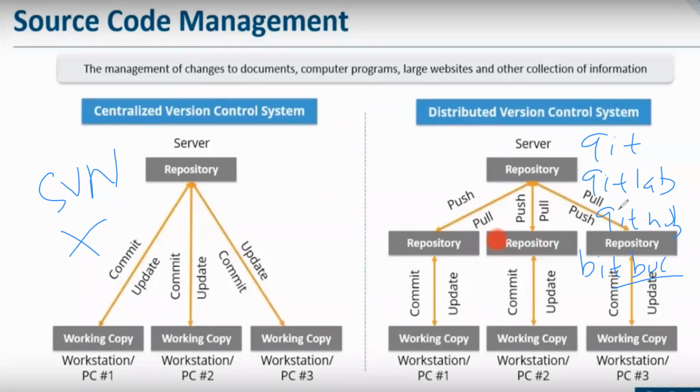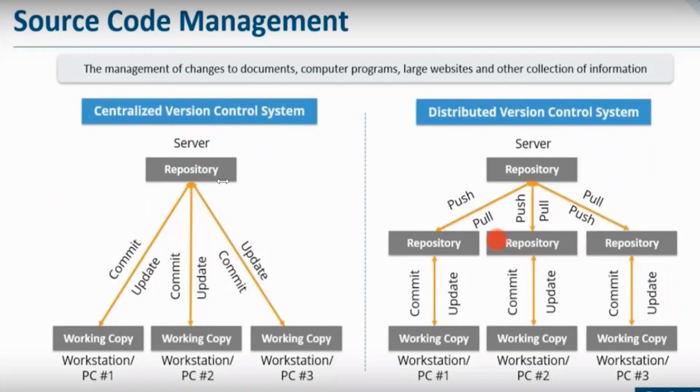Because of that, if my centralized server fails for some reason, everything crashes. So people have stopped using CVCS. Now they are more interested in using DVCS. In DVCS, we don't have a single point of failure. In the sense that there are multiple copies of the same file and I can use any which I want.